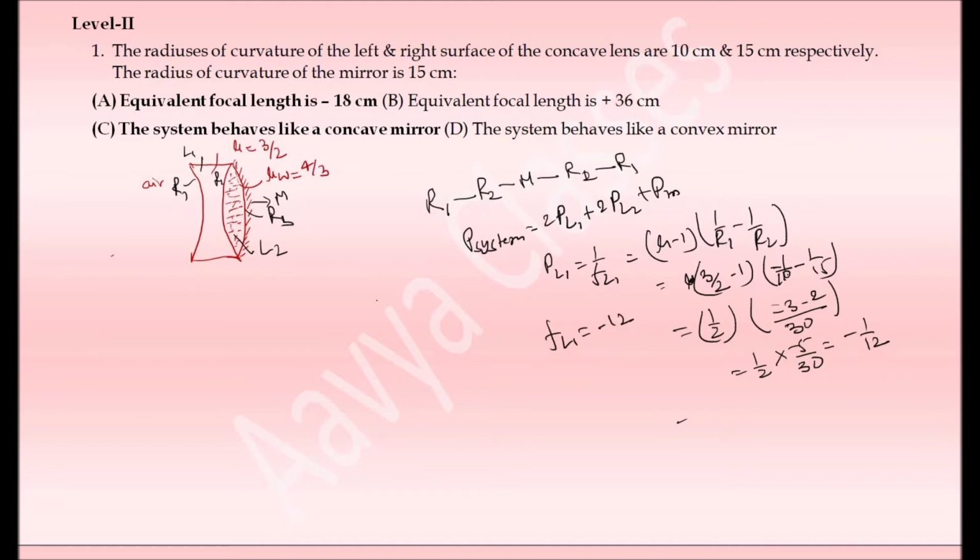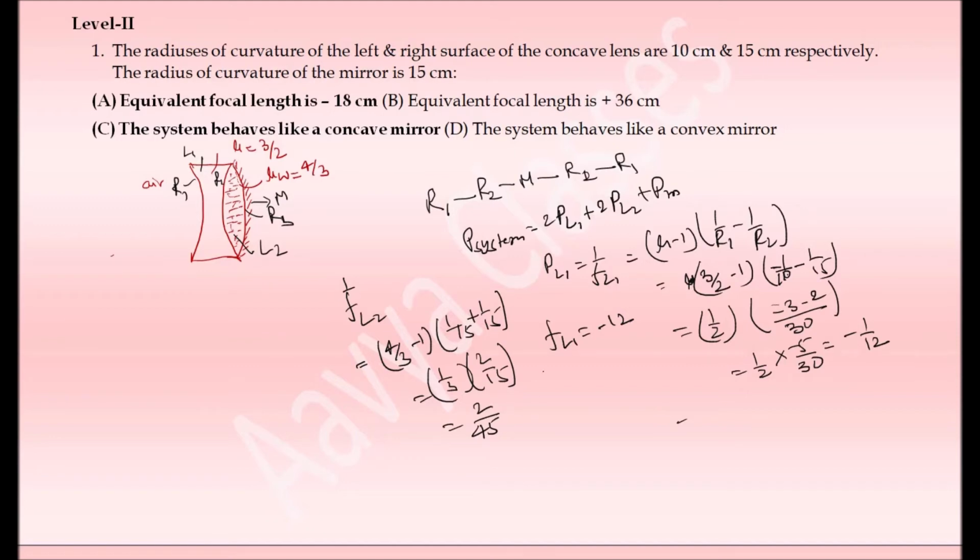Now we will see the power of lens L2 or the focal length of water lens L2. So we write 1 by FL2 is equal to 4 by 3 minus 1 into 1 by 15 plus 1 by 15, that is equal to, and 1 by FL2 is 2 by 45.